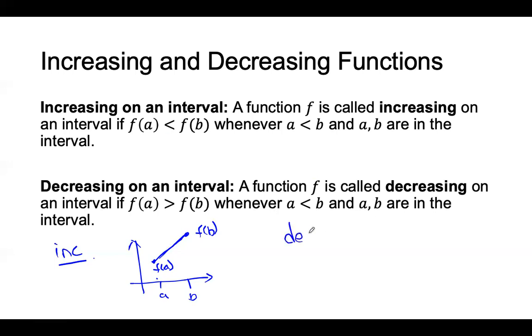Decreasing, of course, let's draw a little sketch. So again, whenever A is less than B, but here, f of A is greater than f of B. So it could go down, as long as it goes down in some way.